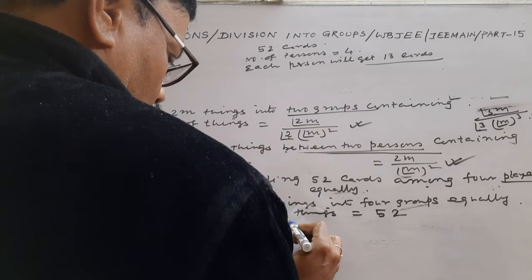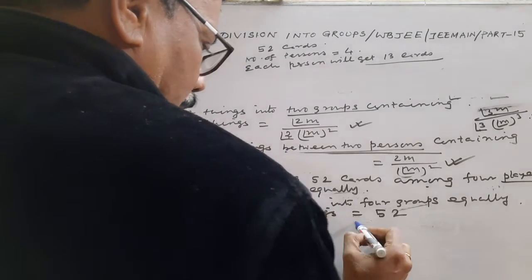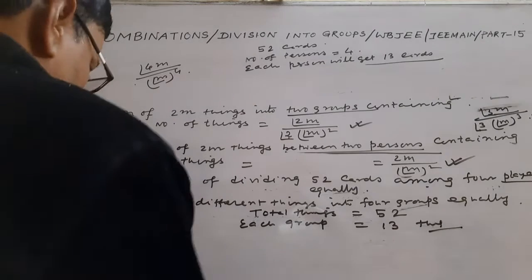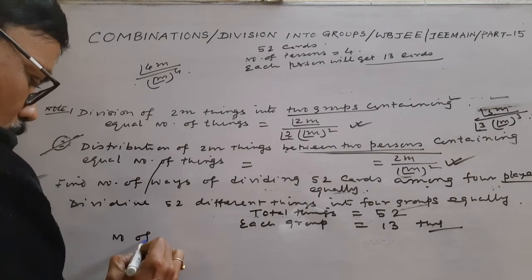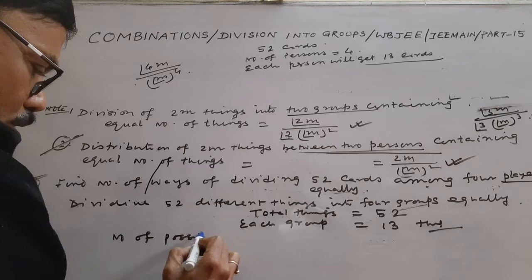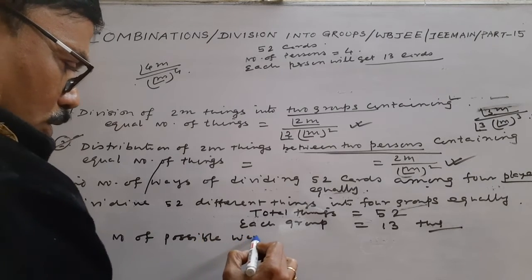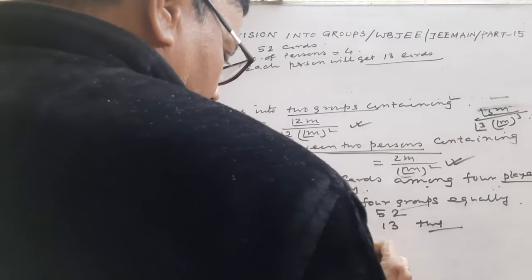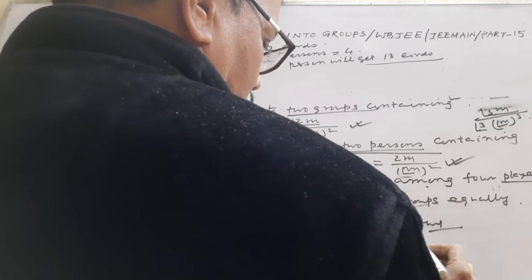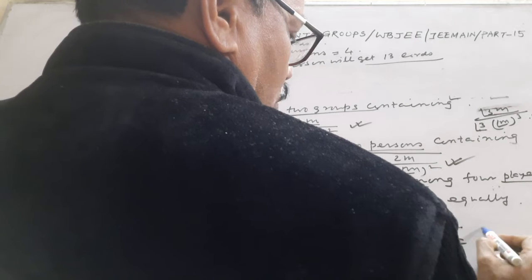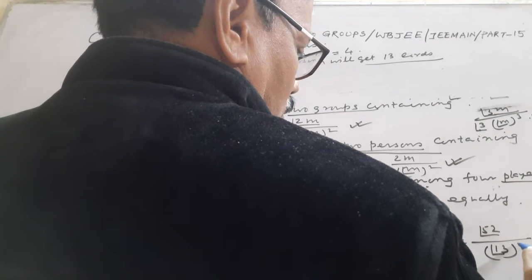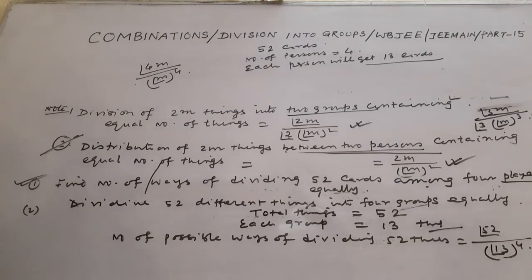Each group will get 13 things. So the number of possible ways of dividing 52 things equals factorial 52 by factorial 13 whole to the power 4.